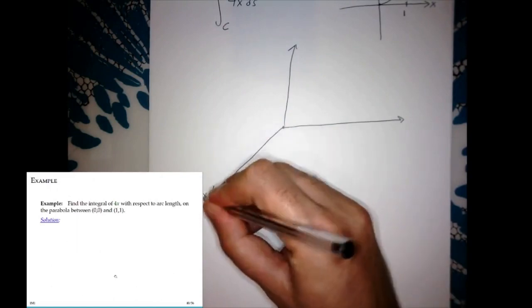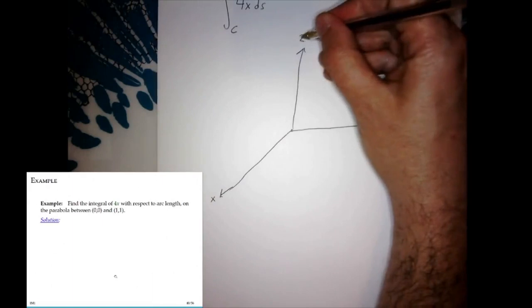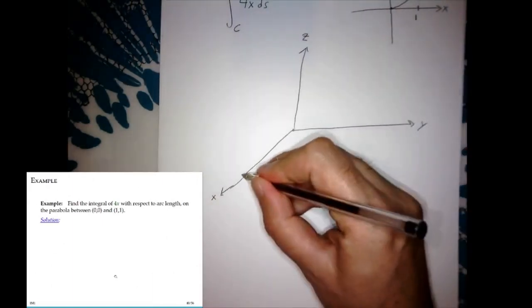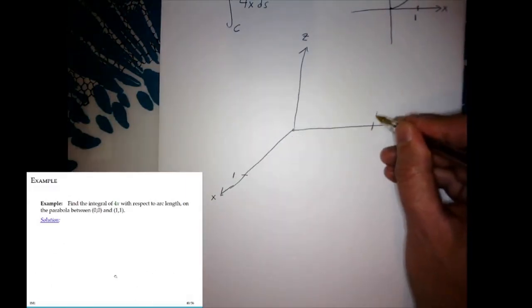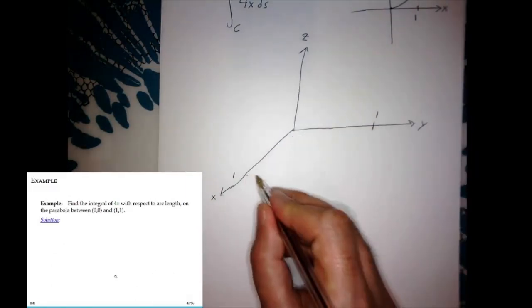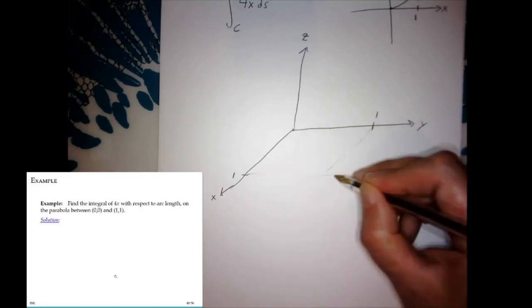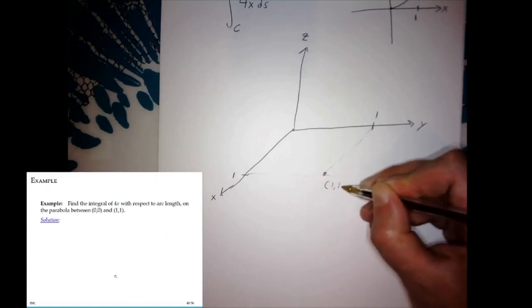So our x, y, and z axes. And this will be 1 on the x-axis, 1 on the y-axis. And this is the point (1, 1, 0).